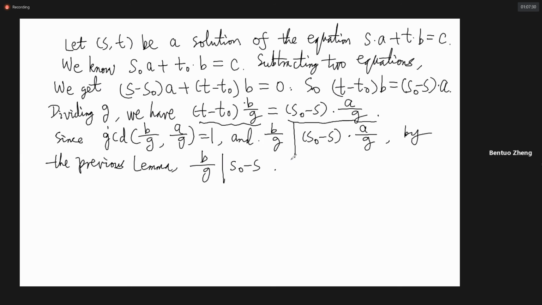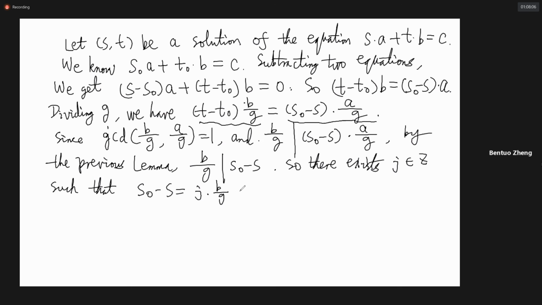This means there exists a J in Z such that S0 minus S is equal to J times B over G. Hence, S is equal to S0 minus J times B over G.